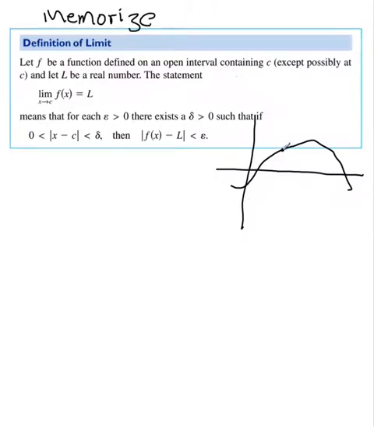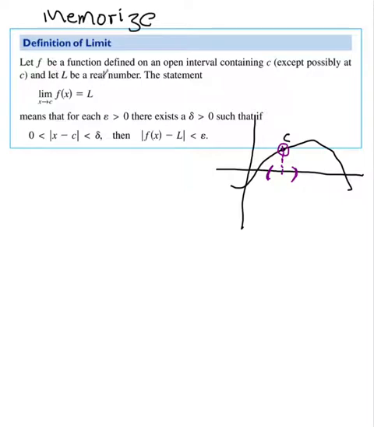So if this is c right here, my open interval just has to contain it. All right, so c comes all the way down here. This is my open interval. All right, now it does not have to be defined at c. So f is defined on an open interval that contains c, but it doesn't have to be defined at c.